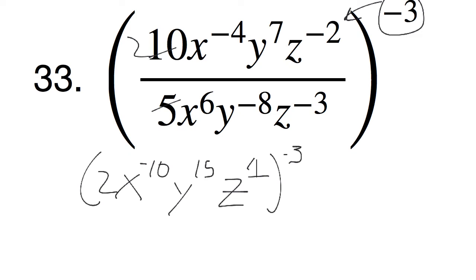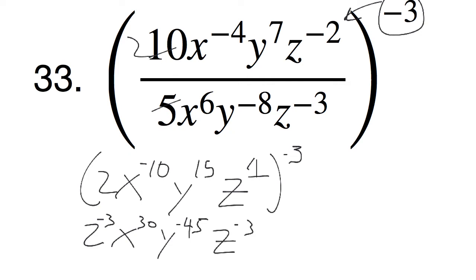Now let's distribute the negative 3 over all the factors that are being multiplied. Again, if there were addition, you wouldn't be able to do this, but because it's all multiplication, you can distribute. This becomes 2 to the negative third, x to the positive 30, y to the negative 45, and z to the negative 3.